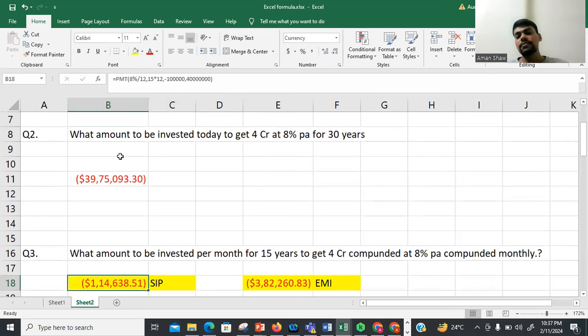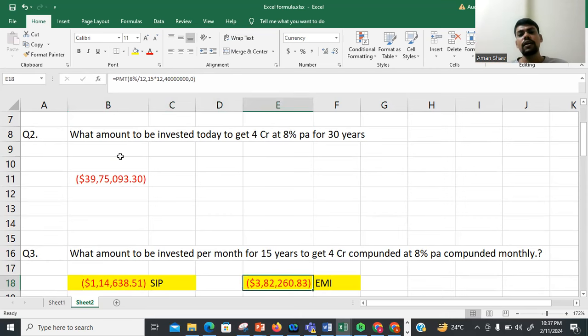Do check this formula, pause the video, zoom in, and understand the logic behind it. In the first case I calculated that in order to make 4 crore rupees, if you are making a 1 lakh rupees lump sum investment right now, how much more you have to pay every month so that it becomes 4 crores at the end of 15 years.